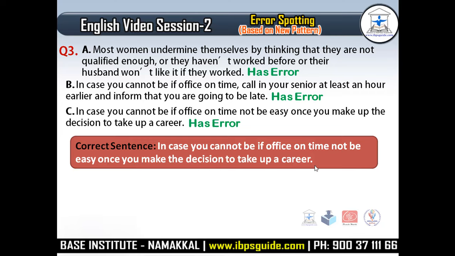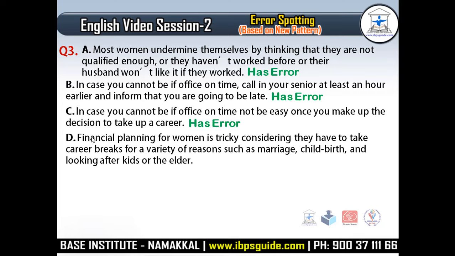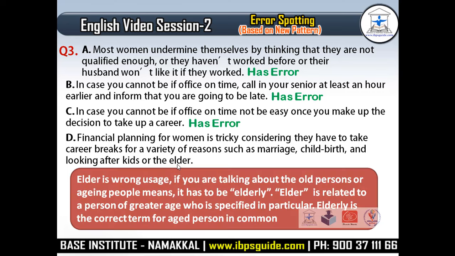Fourth statement: Financial planning for women is tricky considering they have to take career breaks for variety of reasons such as marriage, childbirth and looking after kids or the elder. Elder is wrong usage. If you are talking about old people or aging people, it has to be elderly.